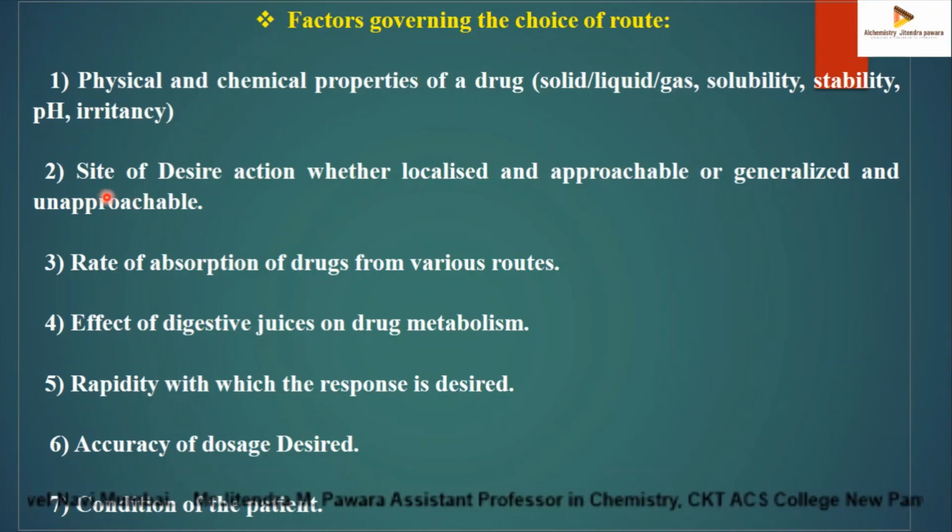The next point that governs the choice of a route is site of desired action, whether localized and approachable or generalized and unapproachable. So this also governs the choice of a route.